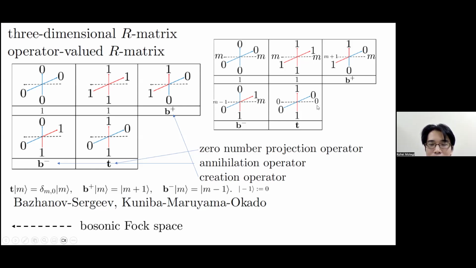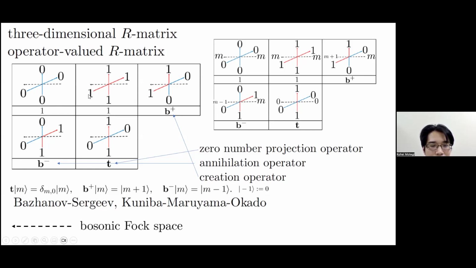So the only non-trivial three-dimensional configuration is if the right part is color 0, then the left part becomes color 0. And for example, if you have color 3 in this right part, then this becomes 0. So this is a kind of explanation of this operator valued R matrix, or three-dimensional R matrix.